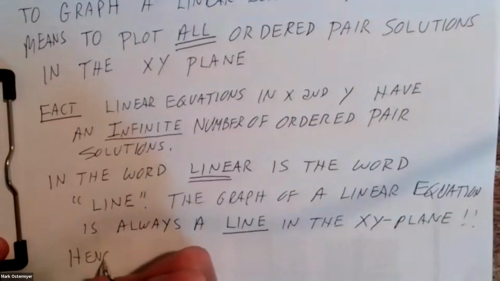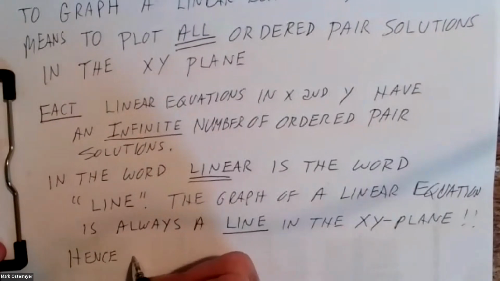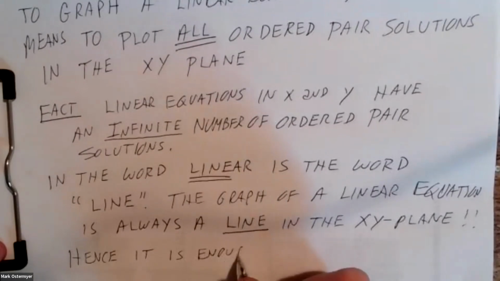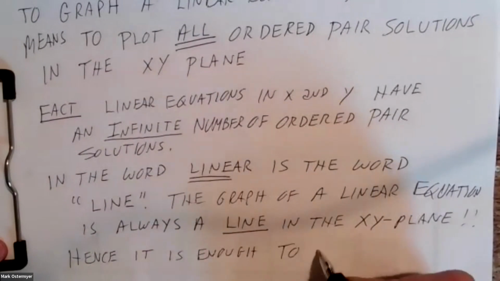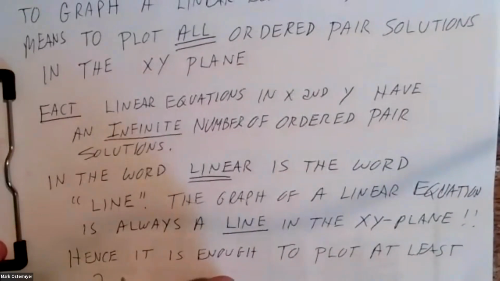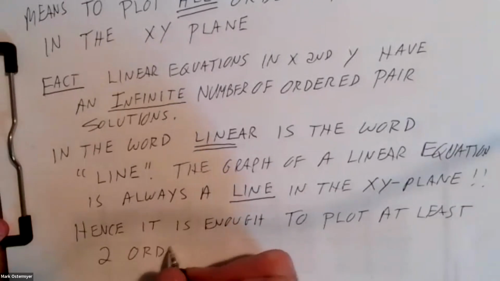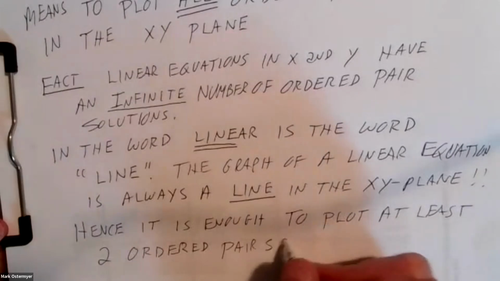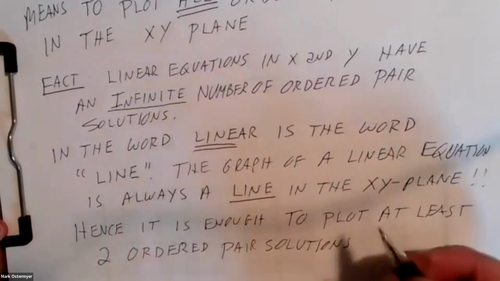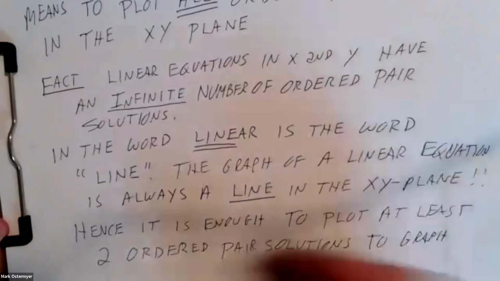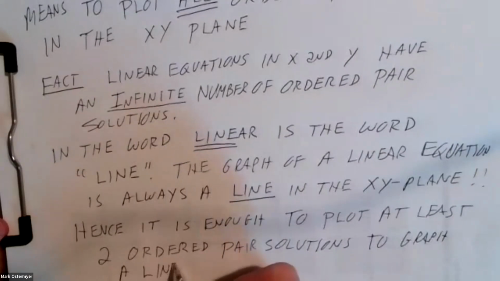Hence, it is enough to plot at least two ordered pair solutions to graph a linear equation.